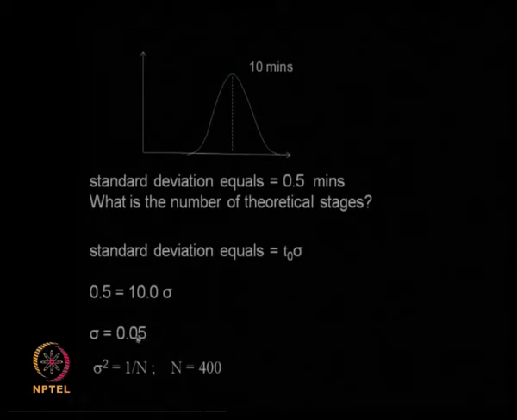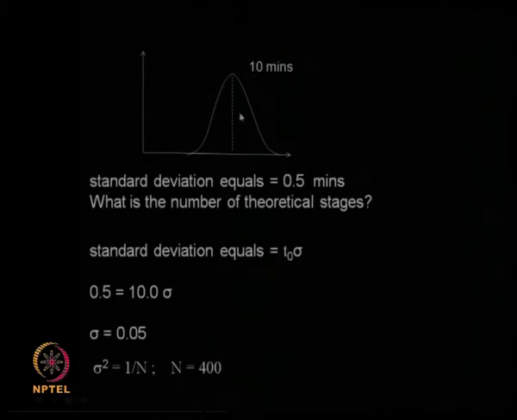So you see, if your sigma is smaller, your number of theoretical plates is larger. If sigma has to be smaller, then your standard deviation also has to be smaller. That means if the curve is very broad, your theoretical plates are very small. If the curve is very sharp, your standard deviation is low, then sigma is low, then the number of theoretical plates will be large.